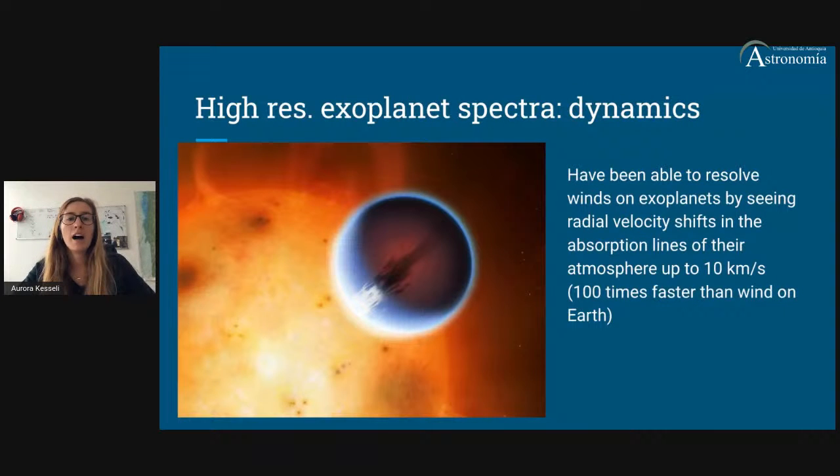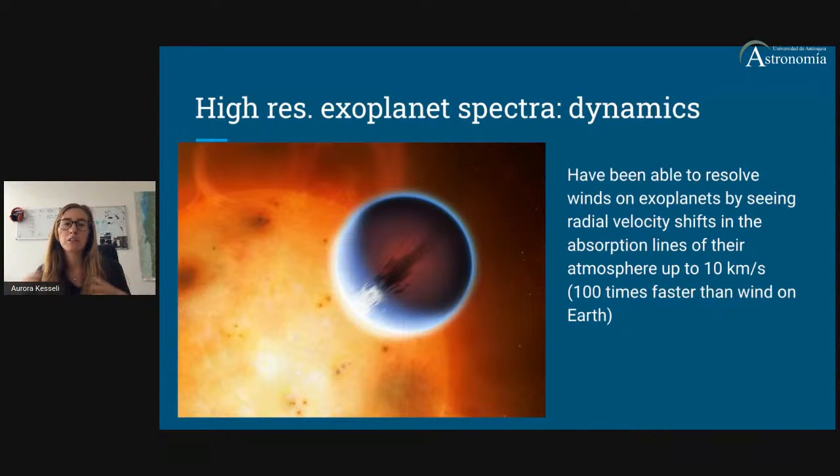Okay. And besides just looking for different elements and molecules, there's also some other cool things that you can do because we have such fine velocity resolution. We can start to look for atmospheric dynamics. So once we measure this iron feature, we can start to see if the iron feature that we measure has the exact velocity that we expect from just doing our initial calculation.